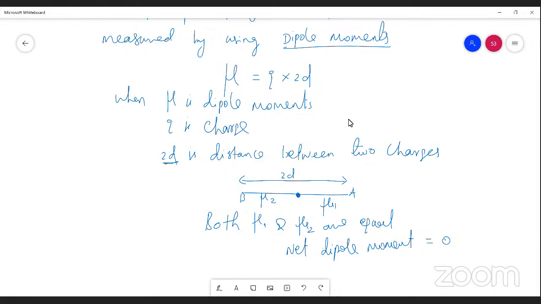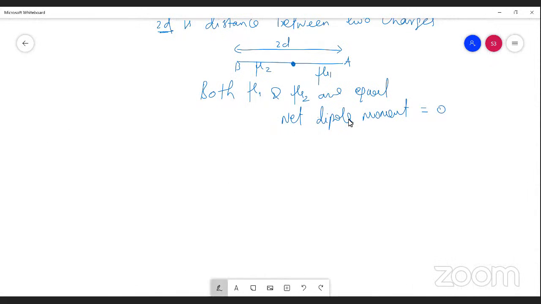The dipole moment can be expressed as a vector quantity. The dipole moment is a vector.